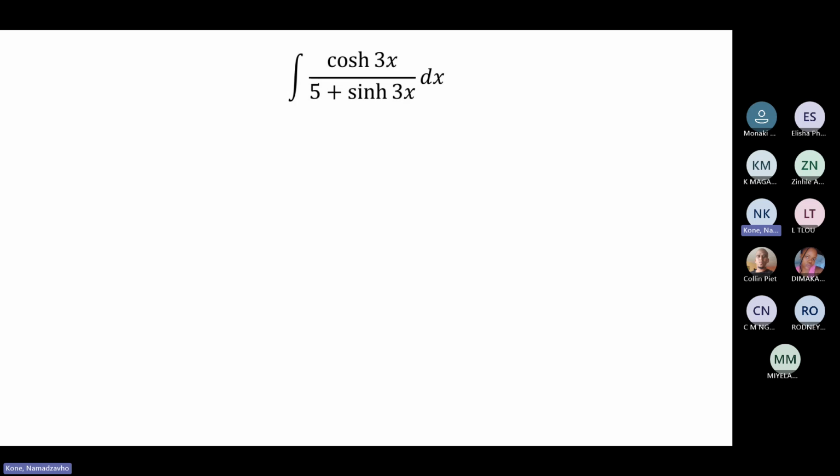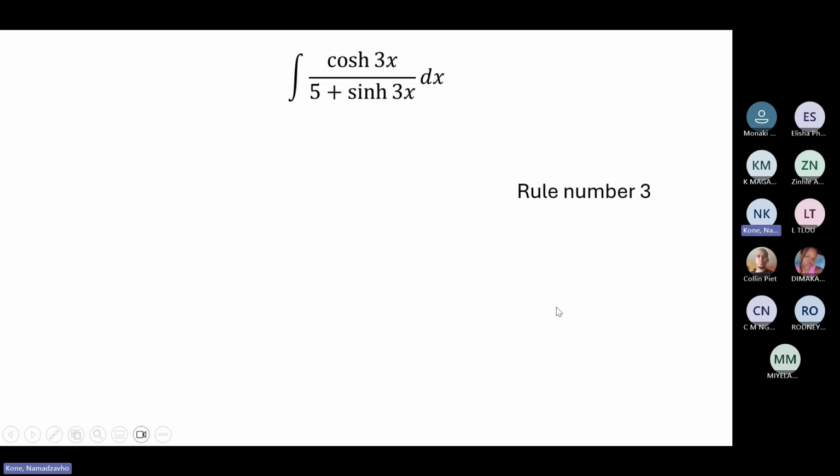Now you know that in hyperbolic function, the derivative of sin of 3x should have something to do with cos x. And then you've got a 5 plus sin here at the bottom, which means that you go to rule number 3.